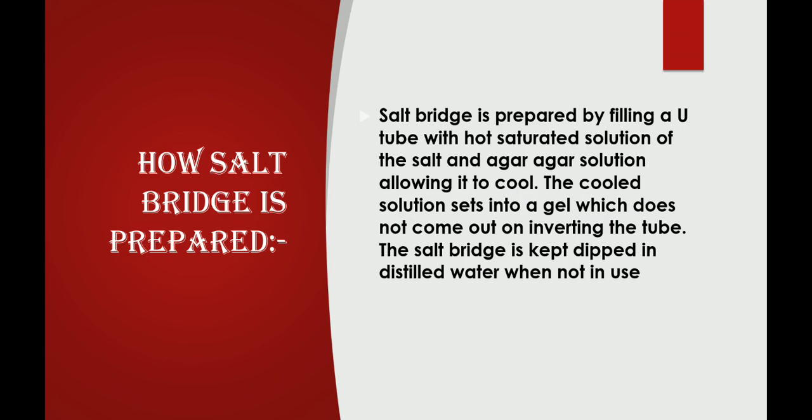The cooled solution sets into a gel which does not come out on inverting the tube, and the two openings of the tube are closed with glass wool plugs, which only allow the ions to pass, not the solution. The salt bridge is kept dipped in distilled water when not in use.